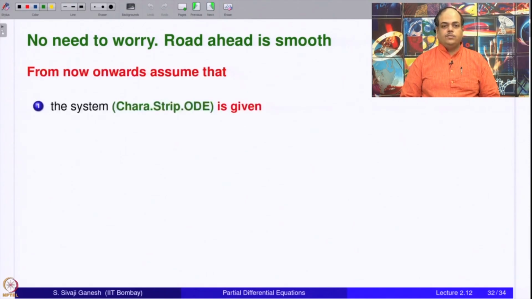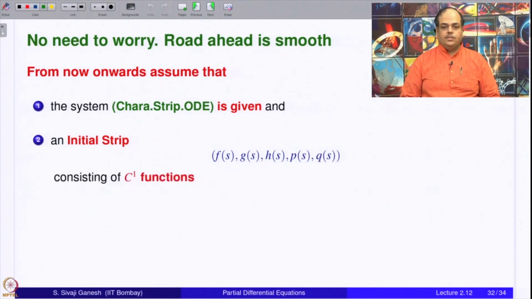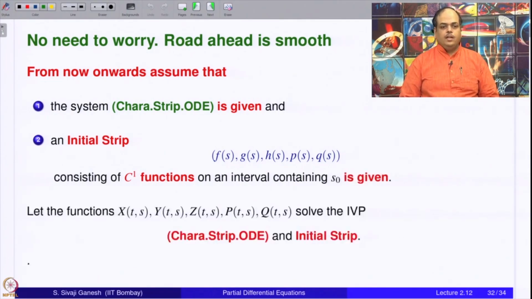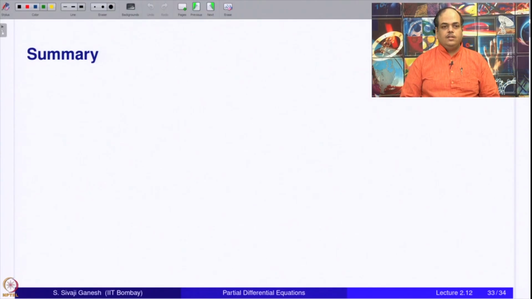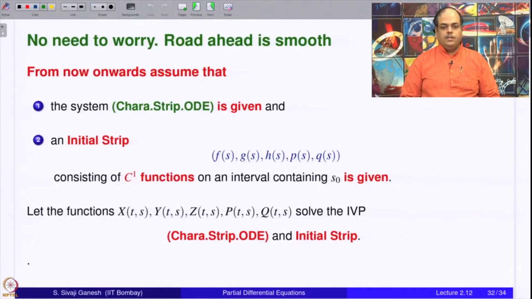From now onwards assume that the characteristic strip ODE system is given and an initial strip f(s), g(s), h(s), p(s), q(s) consisting of C1 functions on an interval containing s0 is given. Let the functions x(t,s), y(t,s), z(t,s), p(t,s), q(t,s) solve the initial value problem with the initial strip, that will be good enough. Of course, you may not have unique solutions, but maybe corresponding to each solution you may get one integral surface, who knows, that can happen.